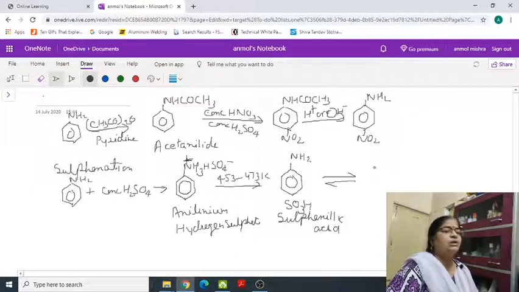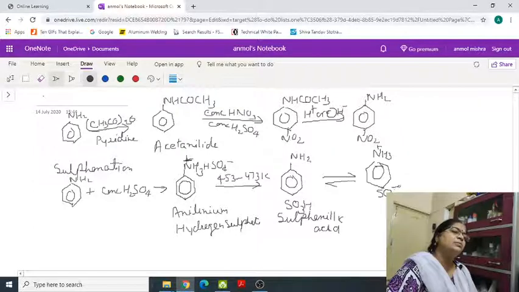The sulfanilic acid, after the proton transfer, becomes NH3 plus and SO3 minus.